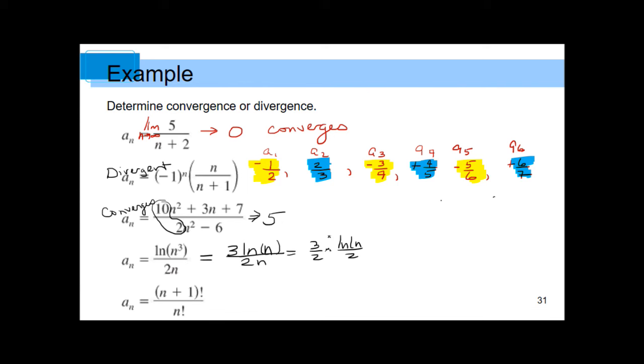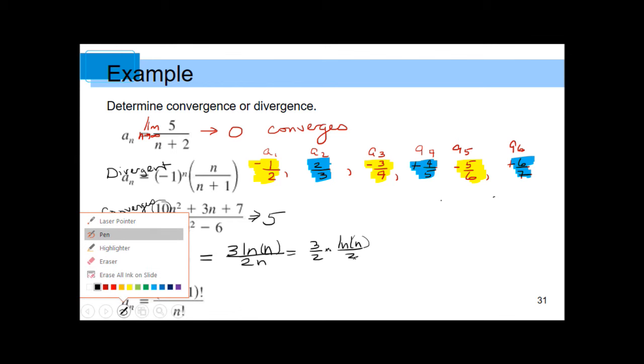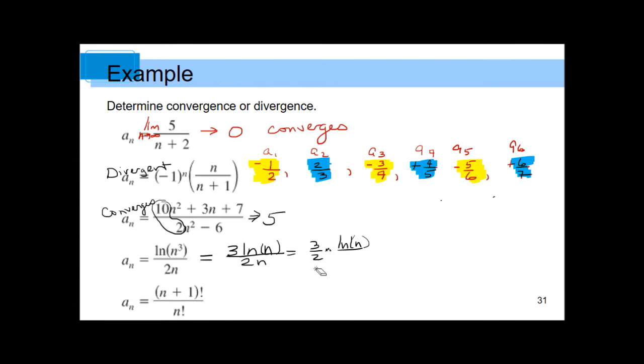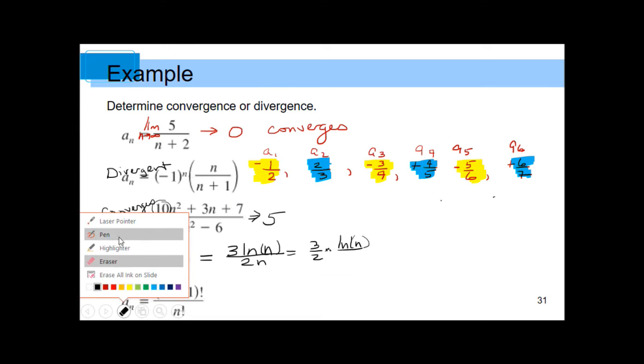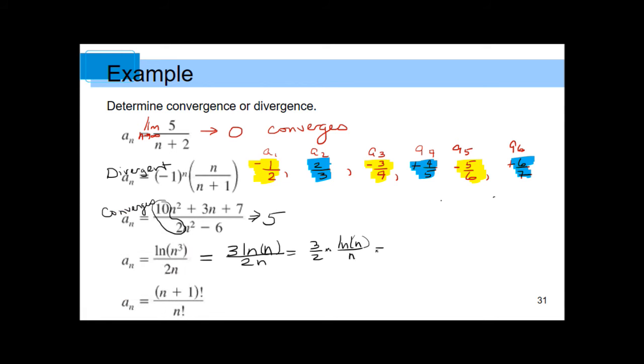So the limit is going to be 3 halves times whatever the limit of the natural log of n over n turns out to be. Let's fix that. I want to take the limit as n goes to infinity of 3 halves natural log of n over n.